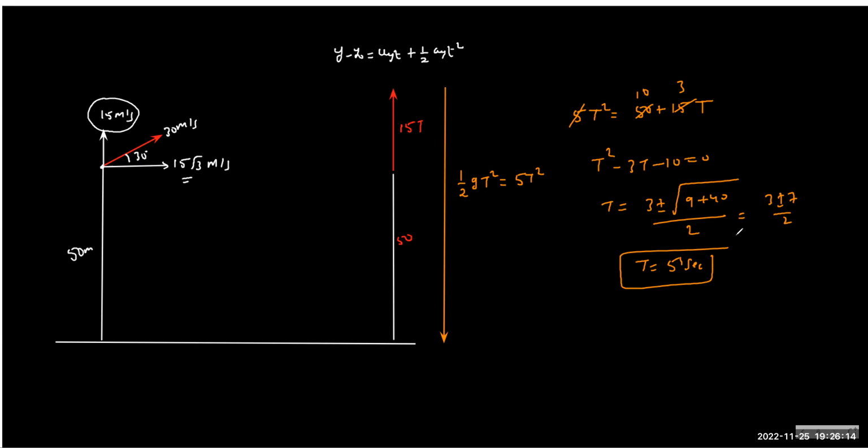How much will you travel in the horizontal direction? See, this is your horizontal motion. So how much will it travel here? 15 root 3 into 5. That's it. Simple.